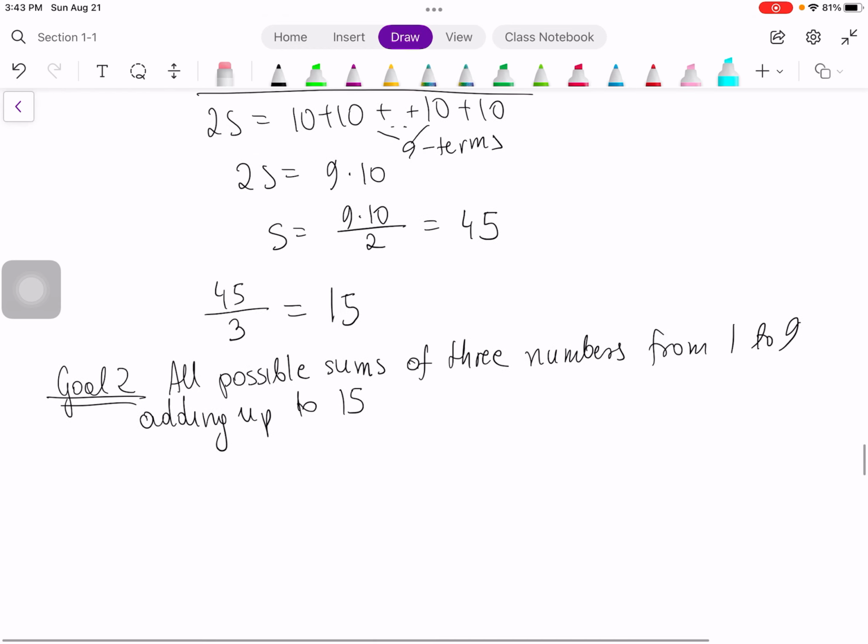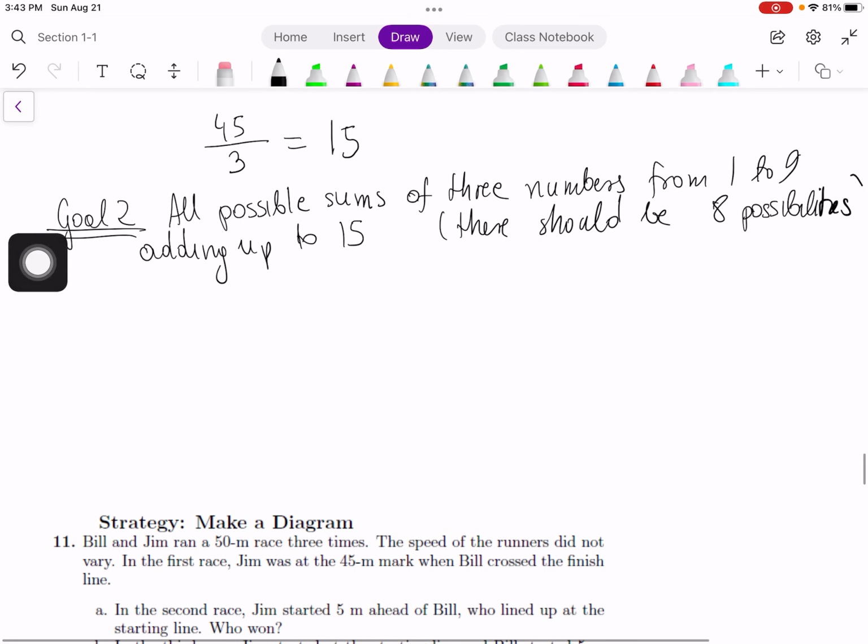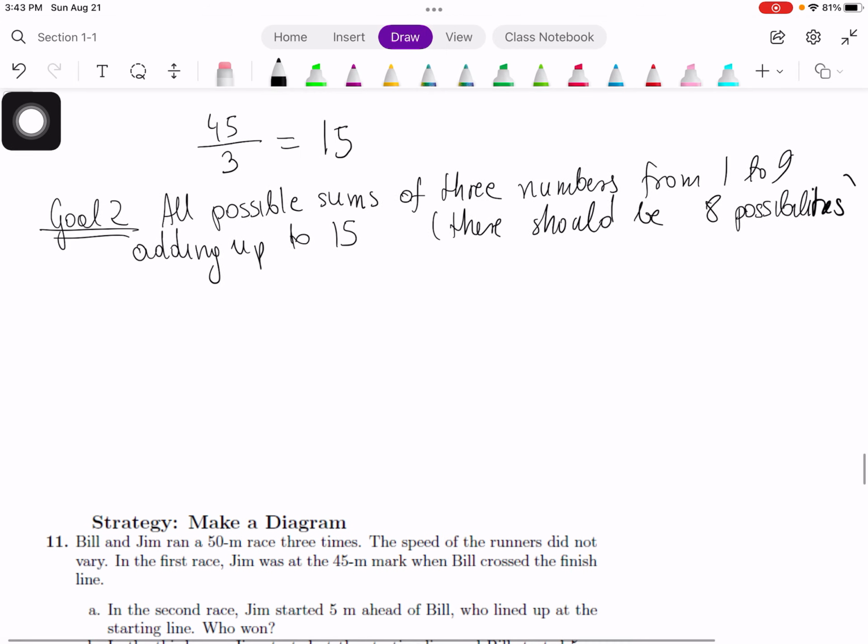So according to the picture, there should be 8 possibilities. Okay, so I have 8 possible sums like that.